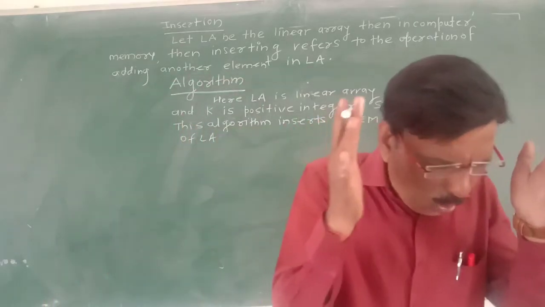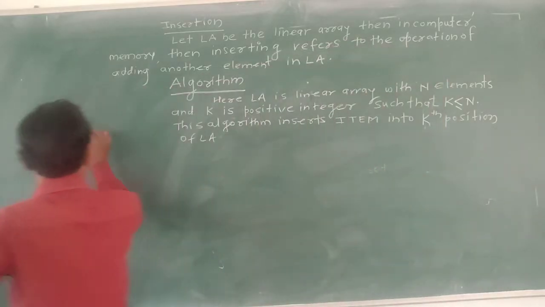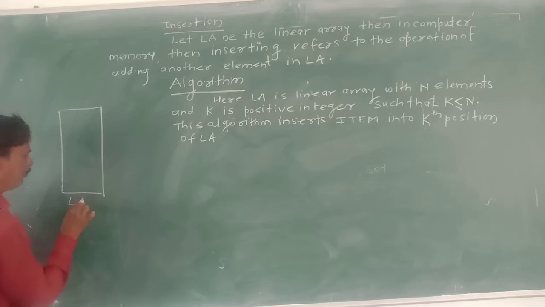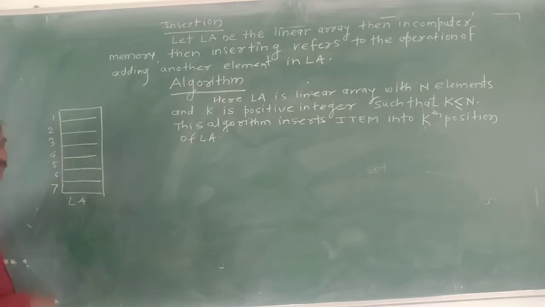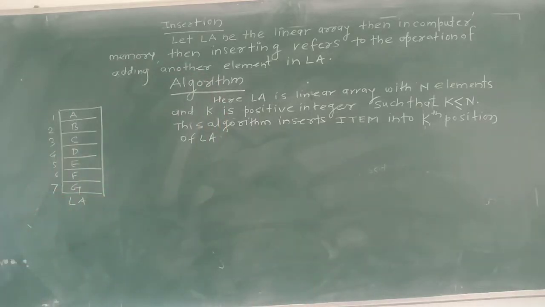So the question arises, how to do it? Suppose this is the array LA, with positions 1, 2, 3, 4, 5, 6, 7, and suppose A, B, C, D, E, F, G are the elements.